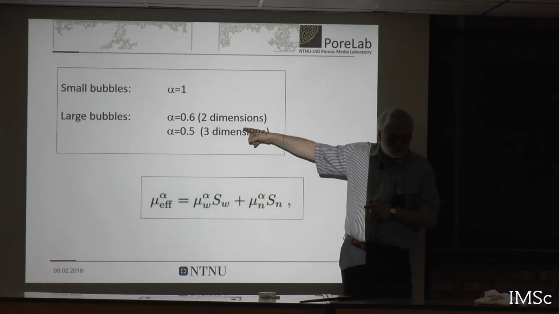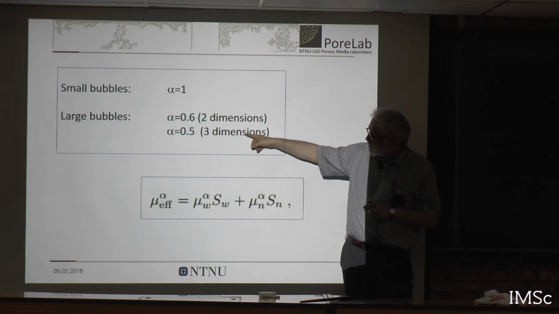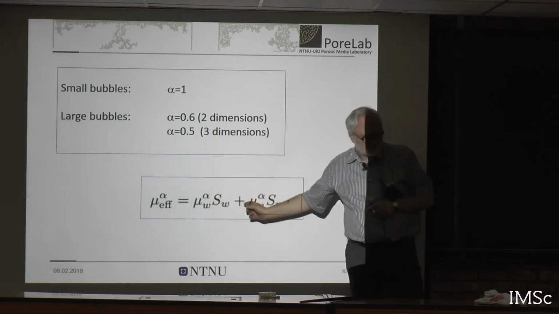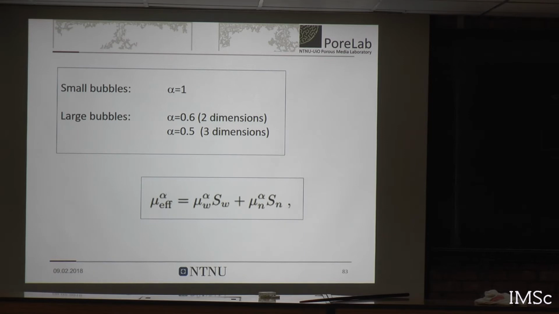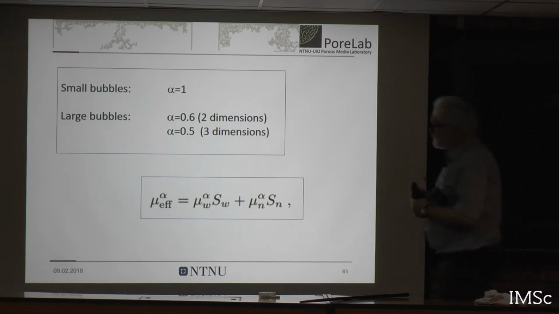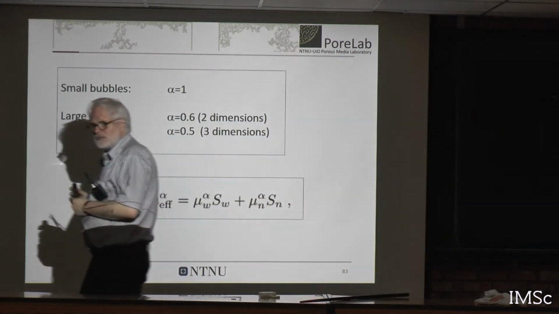If the bubbles tend to be large, you get 0.6 in 2 and 0.5 in 3 dimensions for this exponent. So we're going to follow this up experimentally. We only have this numerically at the moment. So we'll see what we get.